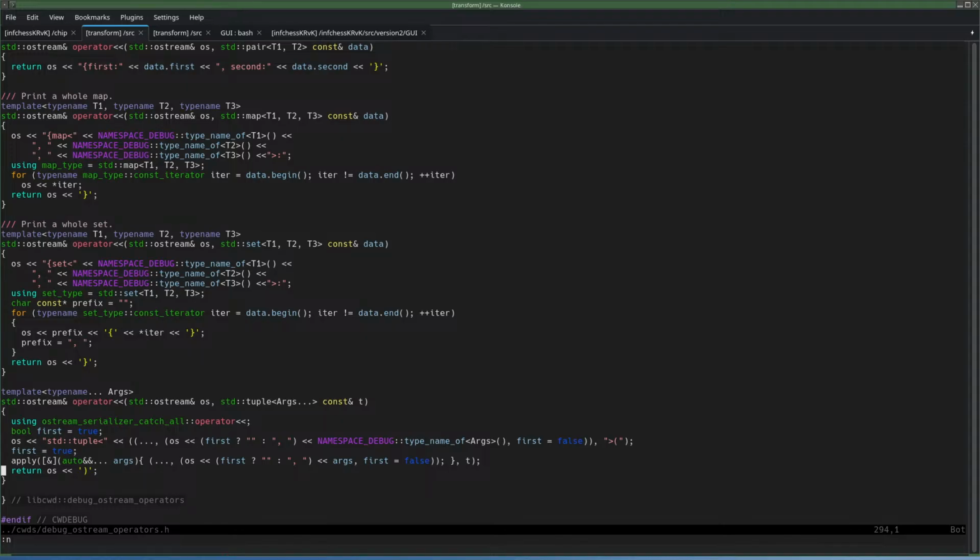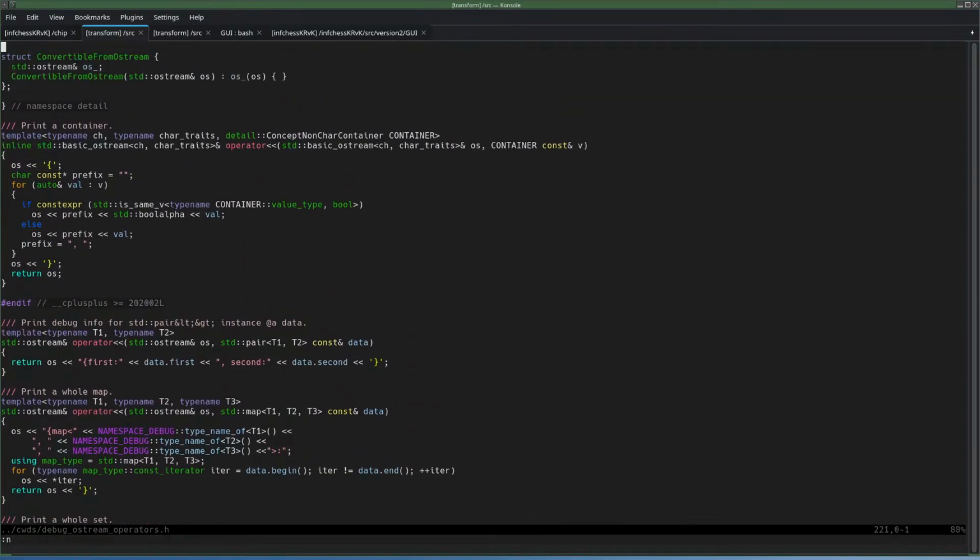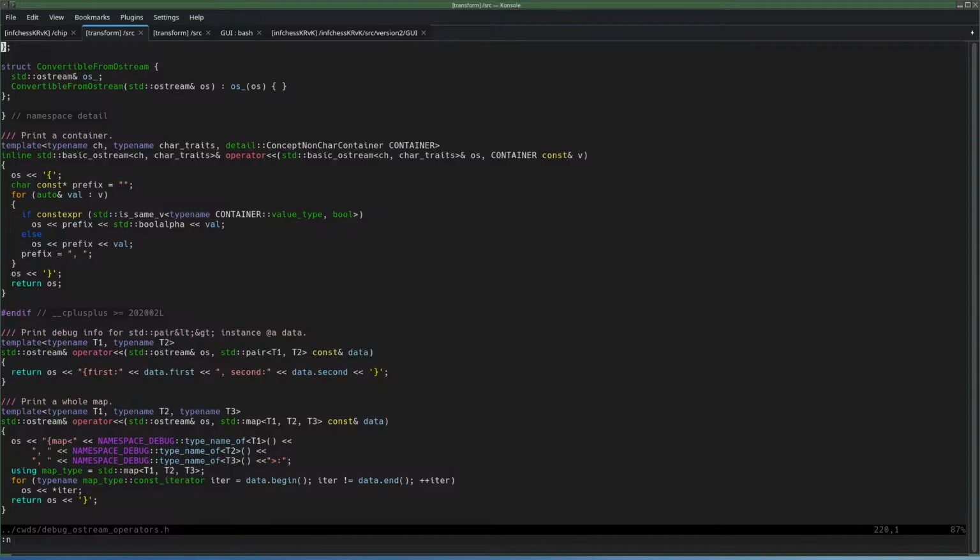This should do it. This prints tuples, standard set, standard map, standard pair. Print a container.